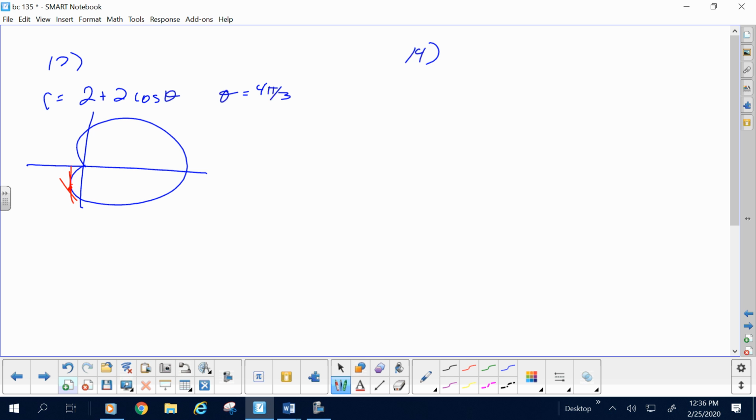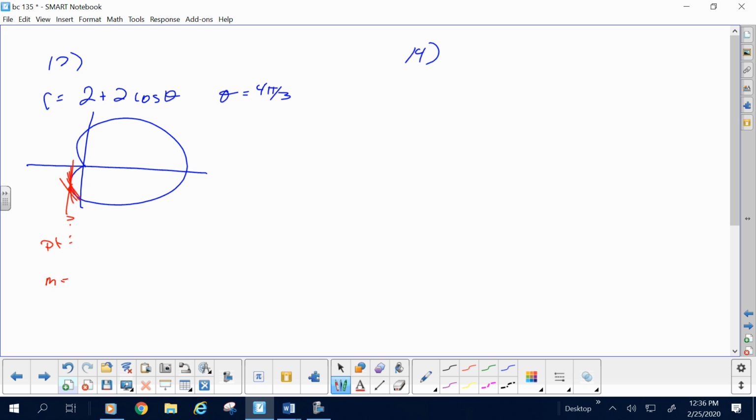I wasn't sure exactly what the slope is. Your picture has to be really good to tell if the slope's, I know it's steep, but I don't know if it's steep positive, steep negative, vertical. In the interest of time, I would typically find the point first, and I will if I need to, but I'm going to find the slope first.